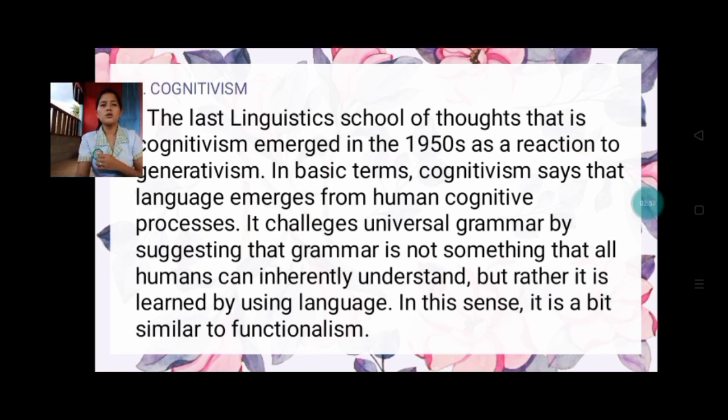It challenges universal grammar by suggesting that grammar is not something that all humans can inherently understand, but rather it is learned by using language. In this sense, it is a bit similar to functionalism. Cognitivism is a learning theory that focuses on how information is received, organized, stored, and retrieved by the mind.